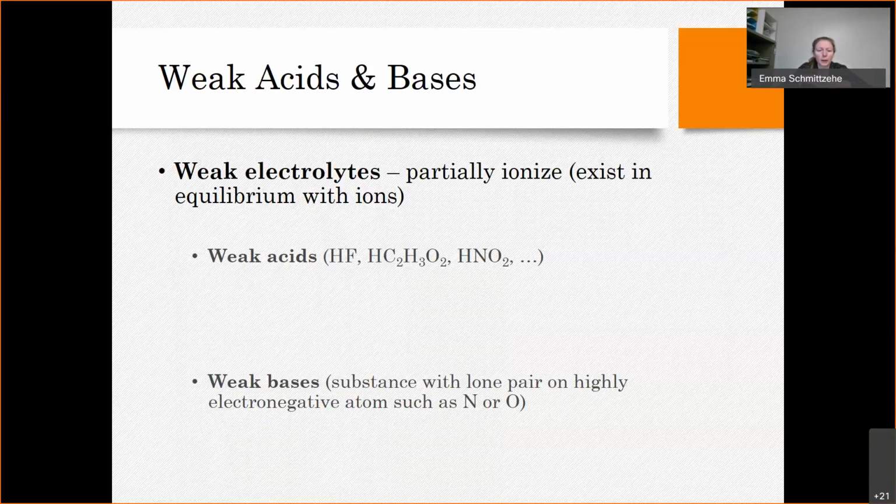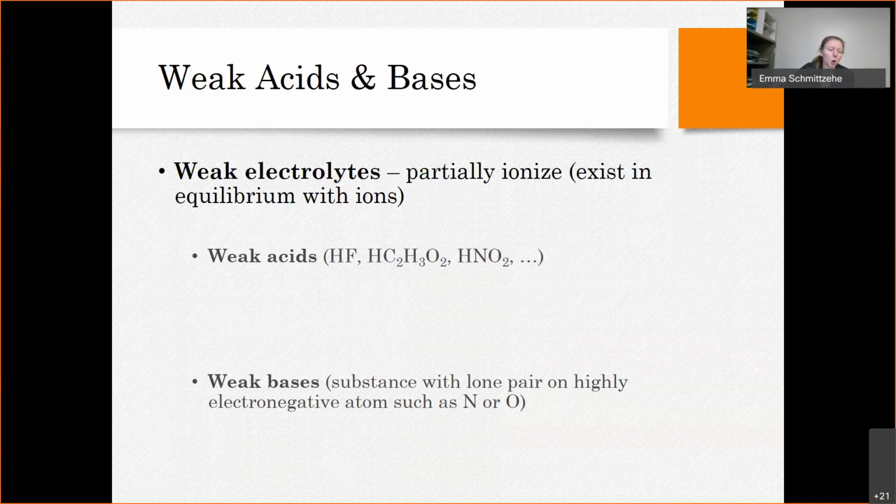And just like with the strong acids, I give you an indication of some substances that are weak acids and weak bases. So for weak acids, I just list a few common examples: hydrofluoric, acetic acid, and nitrous acid. Those are some common acids that we deal with that are weak acids.